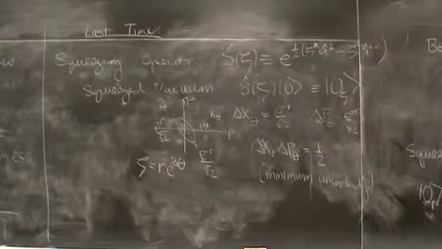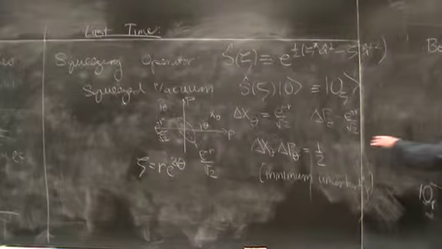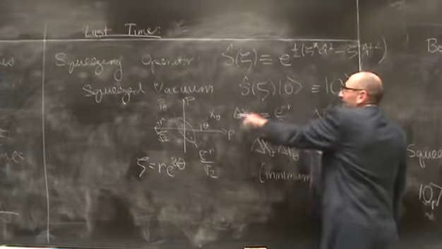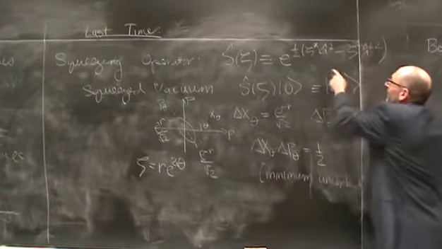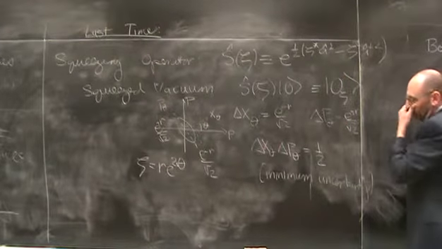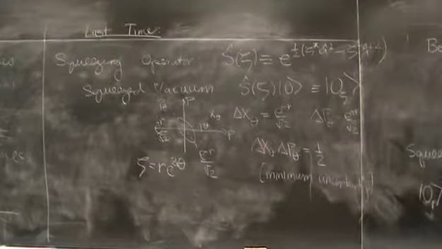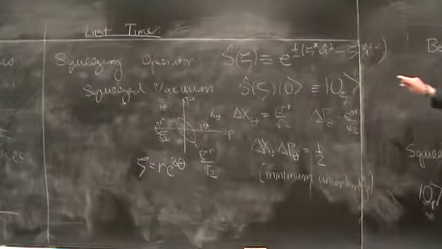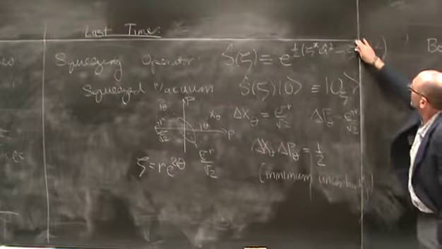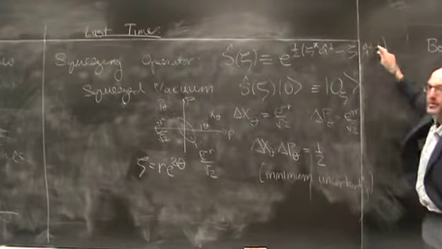Okay? Obviously, there is a squeezed vacuum state of the kind I thought I drew, but it would have the squeezing parameter with a different phase. So this squeezing parameter, as written here, this is not a square. The square is supposed to be over there.